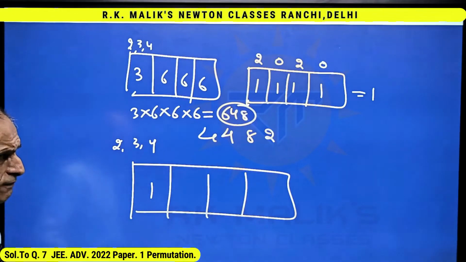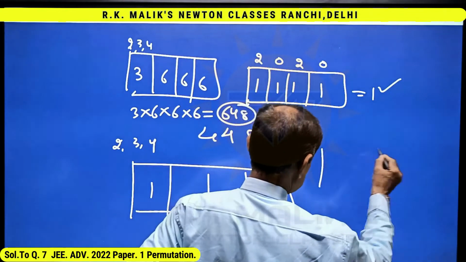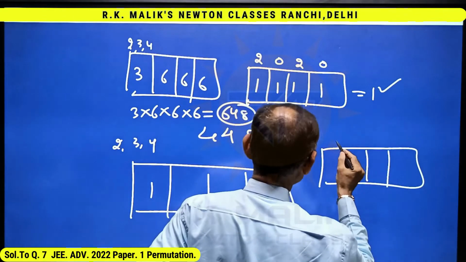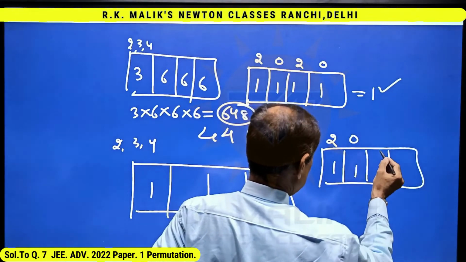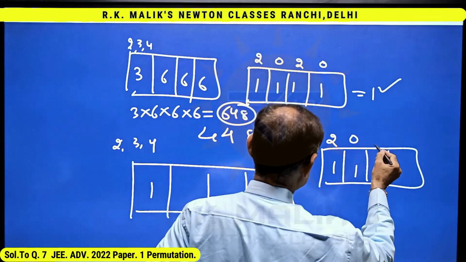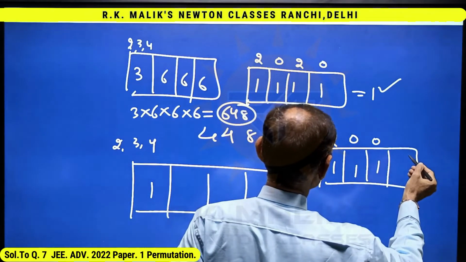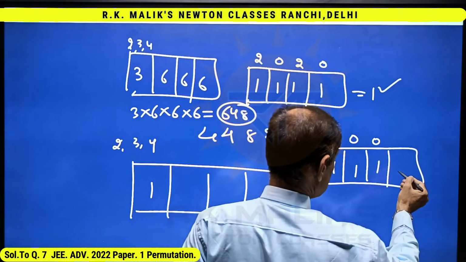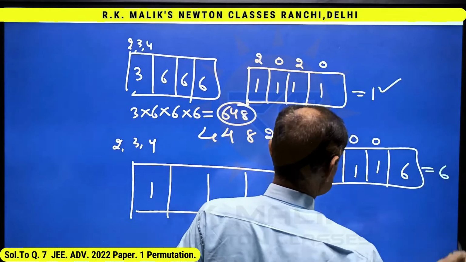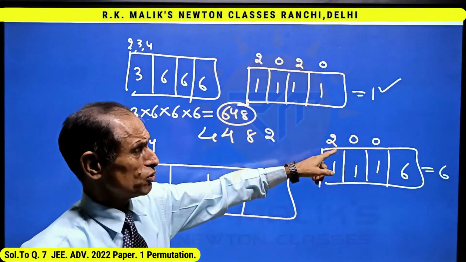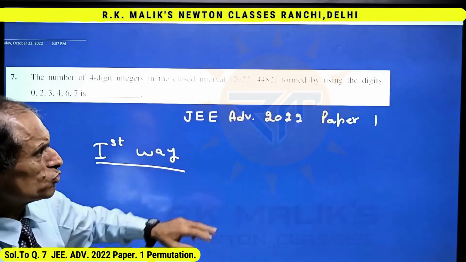Out of 648 numbers, we have to reject this number and the number which was having 2 in the first place, 0 in the second place, and third place was also 0, but fourth place was any of the 6 digits, that is there were 6 ways for filling the fourth place, that is 6 numbers were there which were in the form of 2, 0, 0, and anyone as last digit, the number found will be less than 2022.